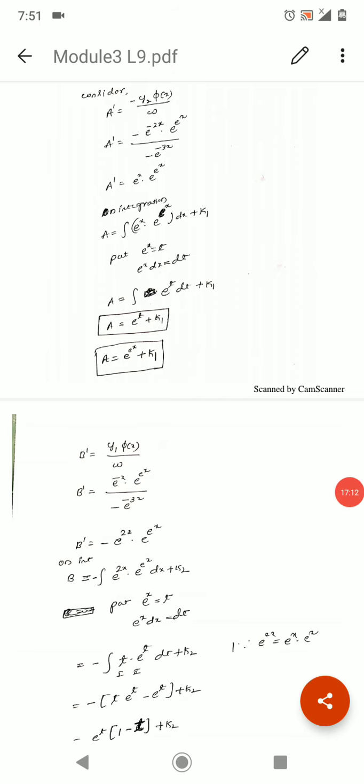I think there is some correction in this problem. It should be integration t into e power t. So a becomes integration of t into e power t. By using integration by parts, we obtain a is equal to t into e power t minus e power t plus k1.